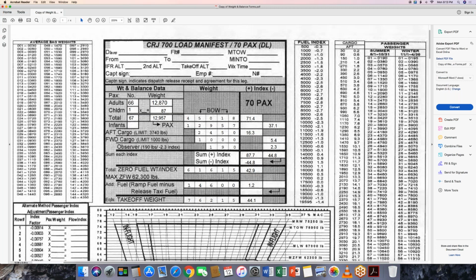Let's just say that we were legal to send the flight. Let's figure out what our landing weight and index would be. So what do we do at this point? Do we subtract the burn? Okay, we subtract the burn.